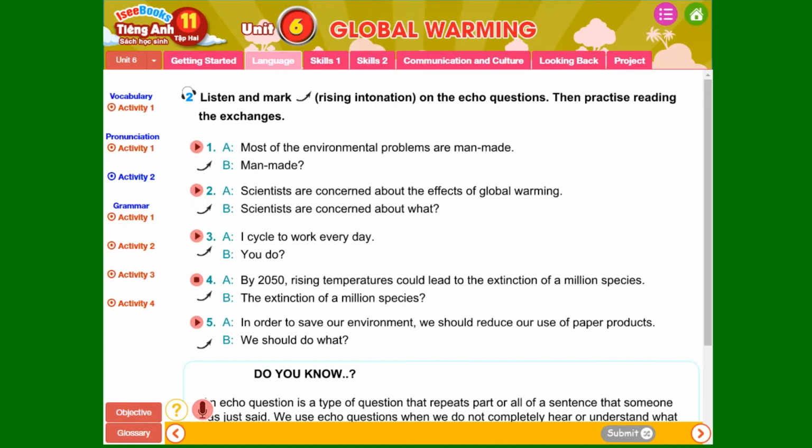By 2050, rising temperatures could lead to the extinction of 1 million species. The extinction of 1 million species? The extinction of the million species? 5. In order to save our environment, we should reduce our use of paper products. We should do what? We should do what?